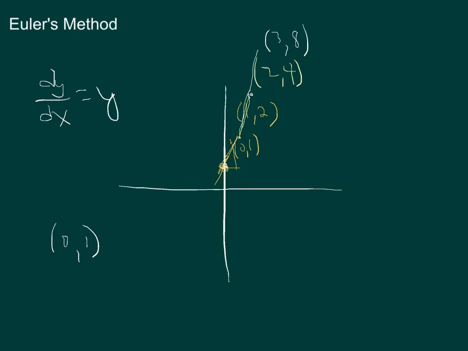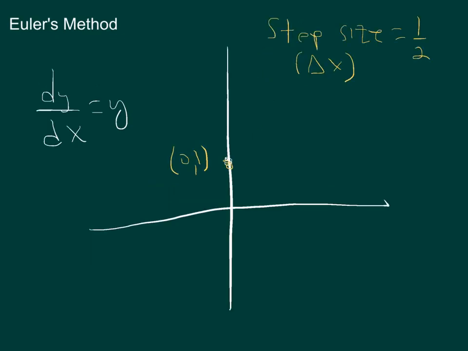Again, the step size is my change in x. How could I get a more accurate approximation? Well, I can make a smaller step size. So I'll do it again. Okay, now I'm going to do this again, this time with a step size of a half. So again, at (0, 1), I plug that point into this differential equation, and I get that dy/dx equals 1.